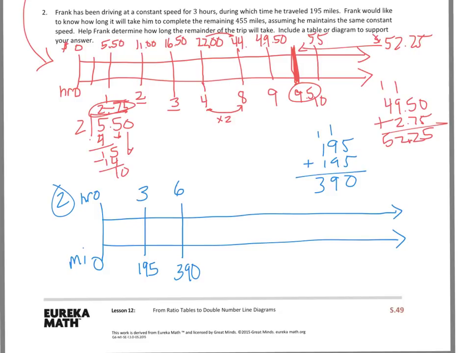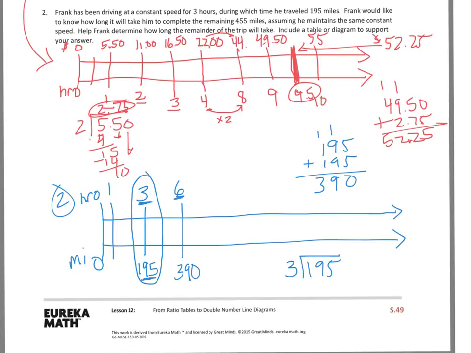So I know this value that they gave me, maybe I can figure out what it would be for 1 hour. And then I can go in 1 hour increments up instead of going by 3s. I know how far he went in 3 hours. I want to know how far he went in 1 hour.